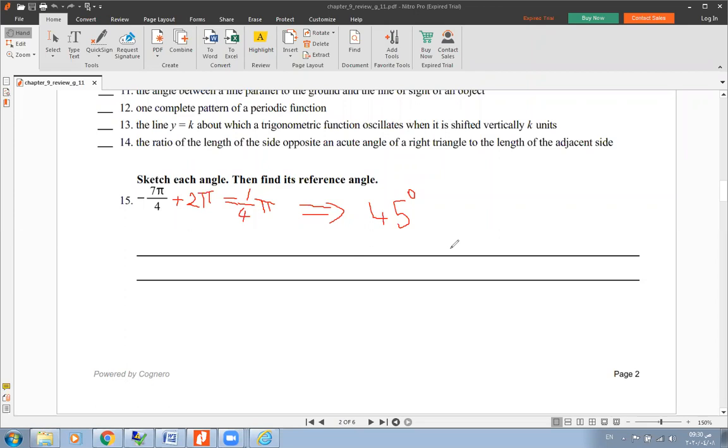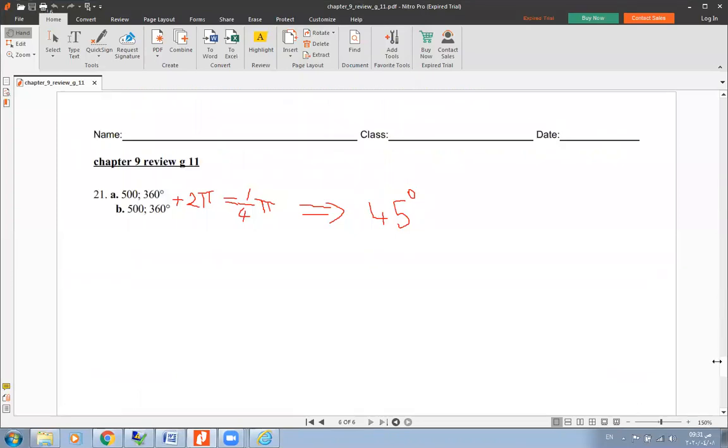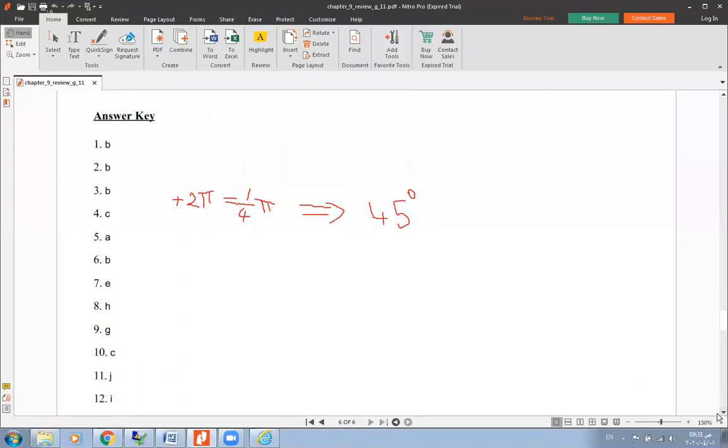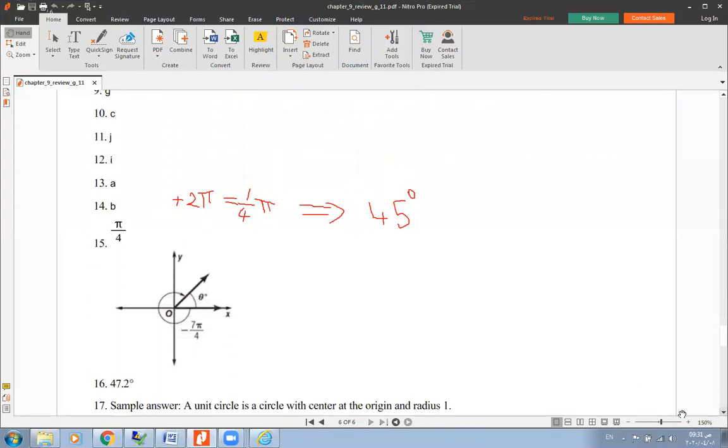So start by adding or subtracting the angle.